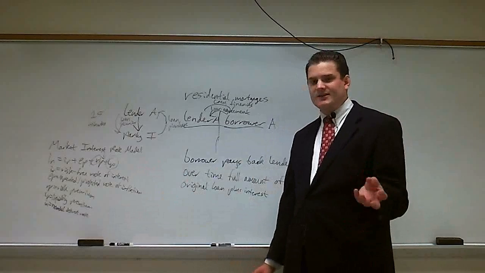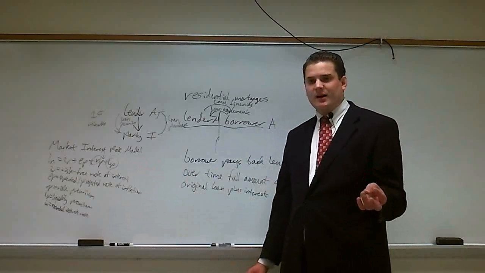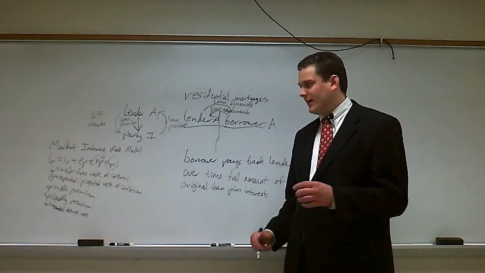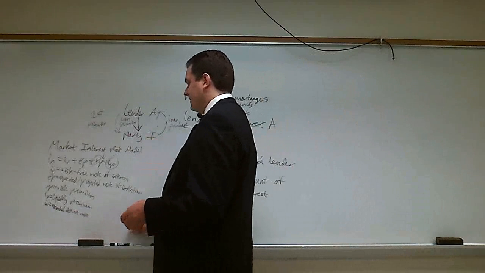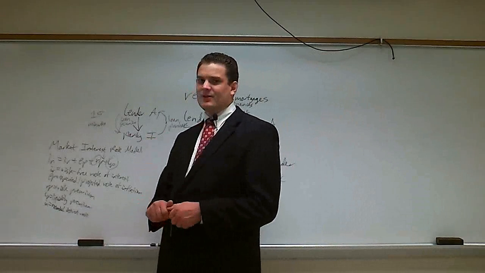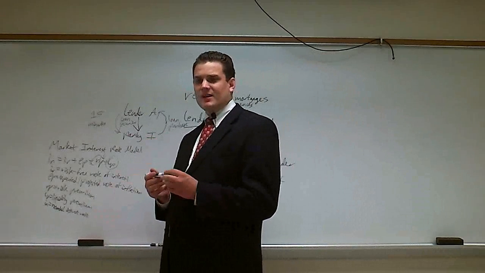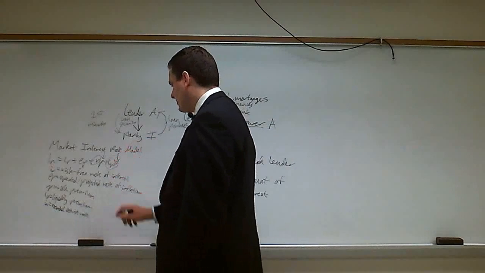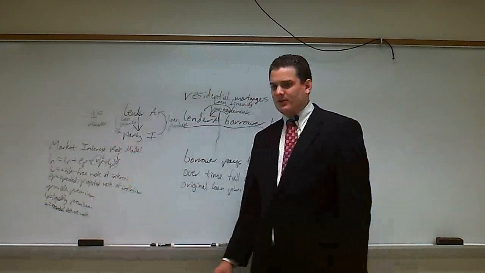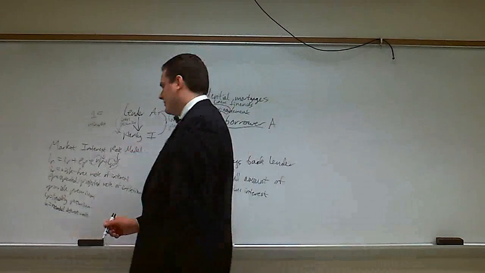Thus, that liquidity premium cost in the interest rate would go down, basically to zero. If I'm selling it as quickly as 15 minutes, there's basically no liquidity difficulty at all. Liquidity premium goes down. Because risk premium goes down and liquidity premium goes down, nominal interest rate goes down.